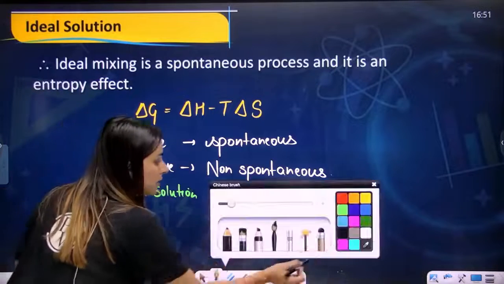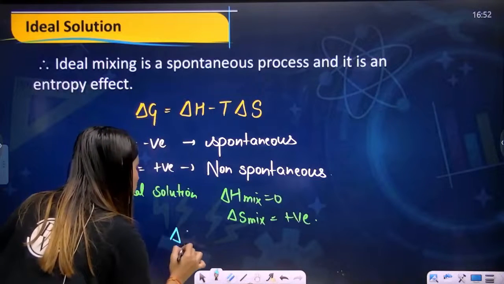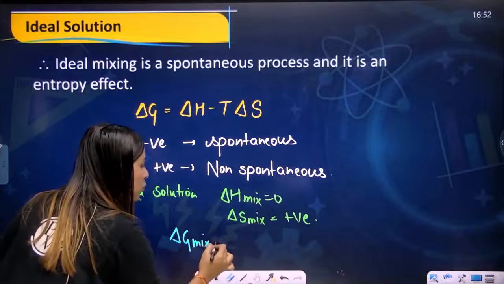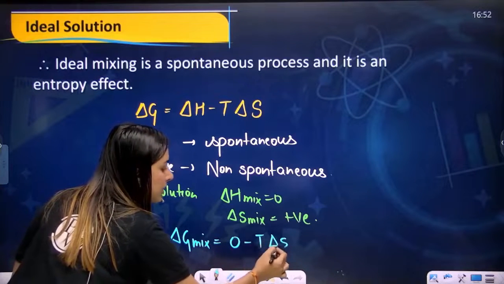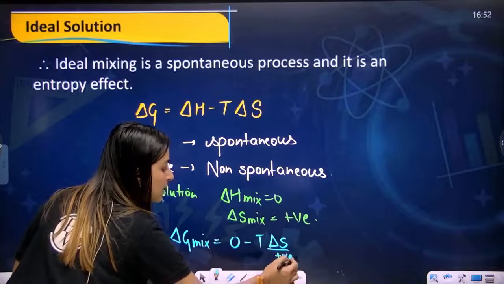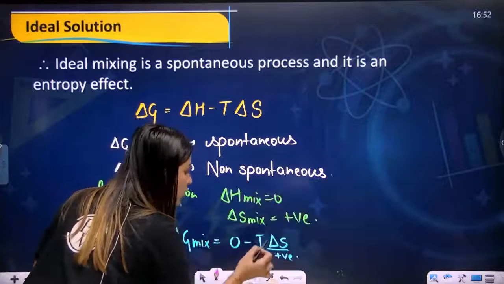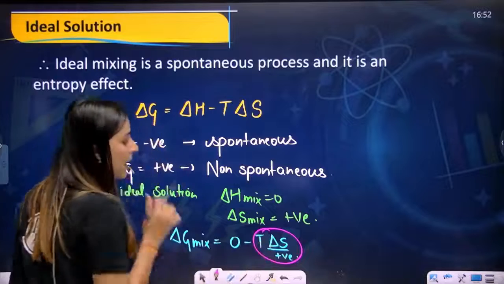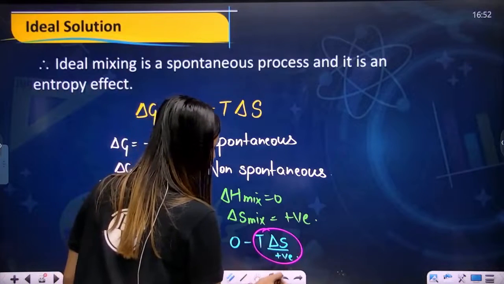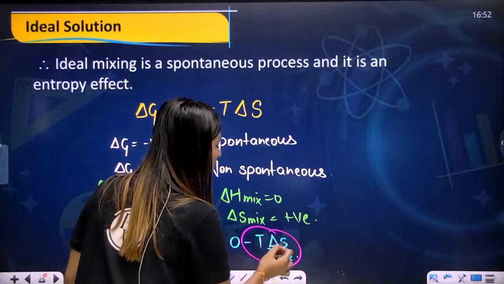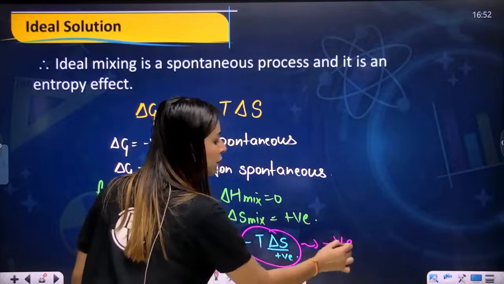You will get that delta G mixing is equal to 0 minus T delta S, and delta S is always a positive value. Since this is a positive value, can you say that this whole part will be positive? And since there is a negative sign, I can say that this whole part will always be negative.